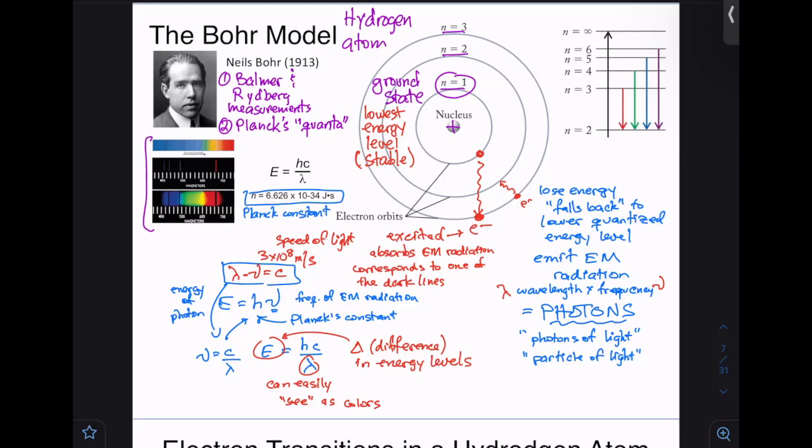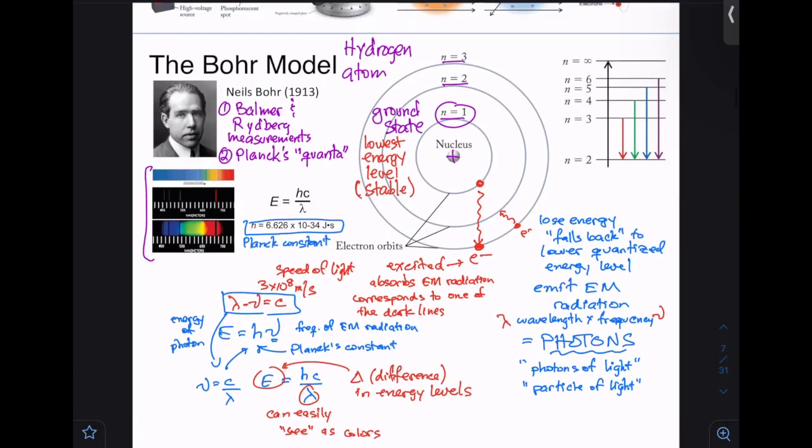In the upper right, we have a diagram here from the textbook. Here's n equals 2, n equals 3, n equals 4, and we have different colored lines. So I showed you one in red here going from 3 to 2. Let's take a look at this. Here's the electron going from n equals 3 to n equals 2. We're starting here at n equals 3, and we're falling back down to n equals 2.